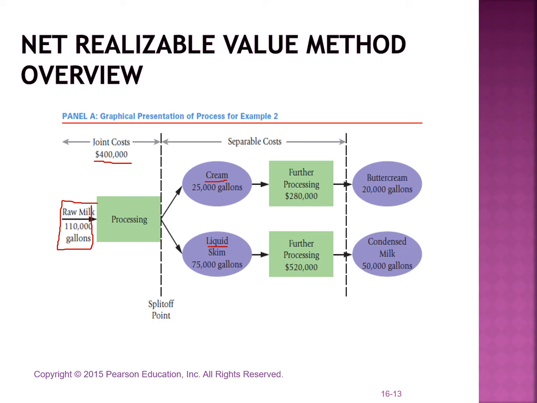He thought that if he further processed the cream, he will get another product which is butter cream that will be sold for a higher price, and if he further processed the liquid skim, he will get another product which is the condensed milk, and it will also be sold for a higher selling price. So here we would like to allocate this joint cost over the two products.